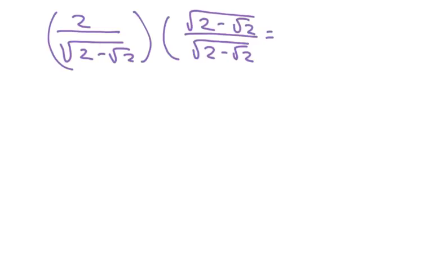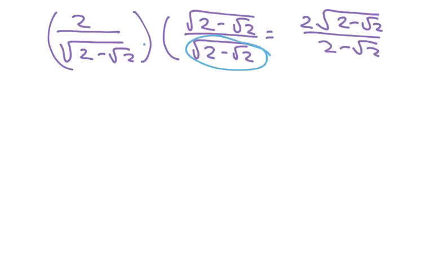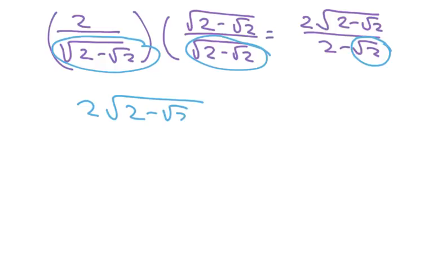Now when you simplify this, you're going to get 2 times the square root of 2 minus square root of 2 over 2 minus square root of 2. When you multiply these two, the top radical goes away. The problem is we still have this radical here. So now we just proceed as if we were going to rationalize the denominator by multiplying by the conjugate.